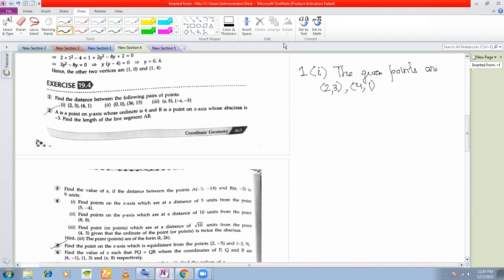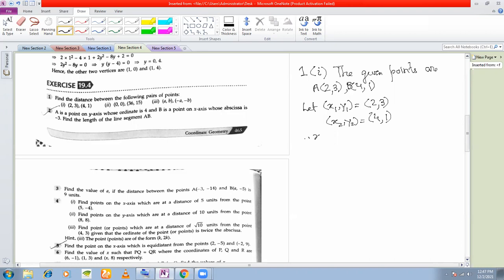You need to find out the distance between these 2 points. Let us say the first point is A and then this point is, let's say, B. So I say let x1, y1 is equal to 2, 3. You can take 2, 3 as x2, y2 also, no problem. And let us take x2, y2 as 4, 1.